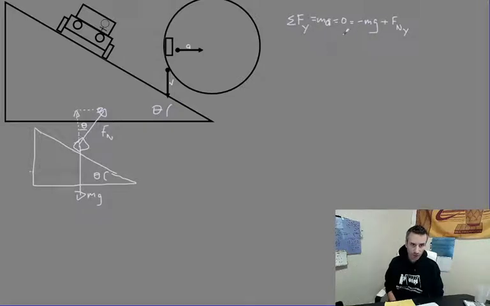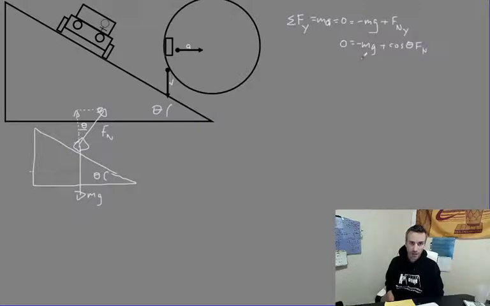So let me just start from here, where 0 is equal to negative mg, and we should recognize that the normal force in the y direction is the cosine. So this is going to be plus the cosine of the angle theta times the normal force.